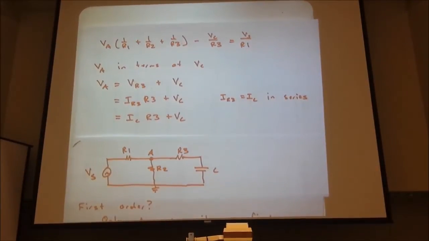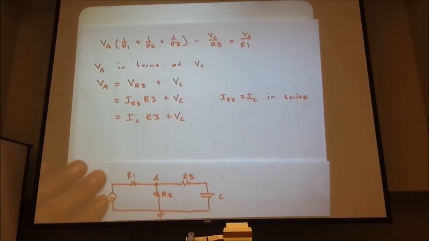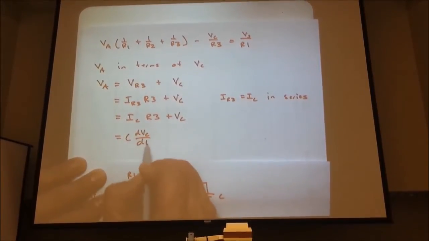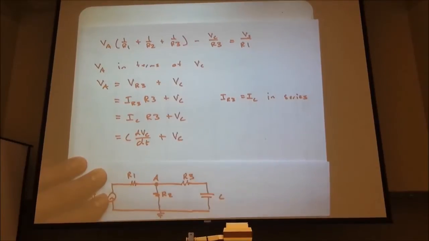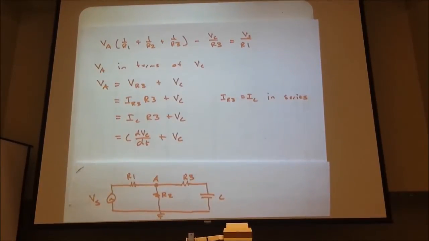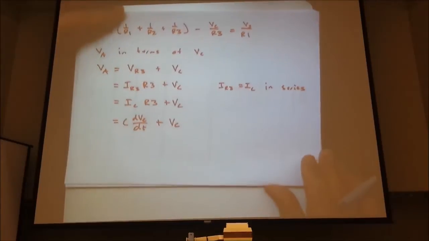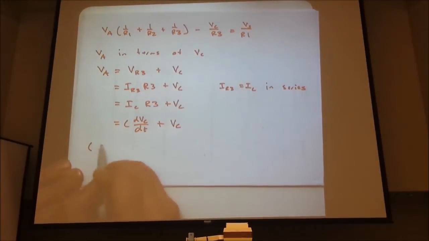And we know what IC is in terms of capacitors. So lo and behold, R3C dVC by dt plus VC. Yay! So we can substitute that in up above. We can go and celebrate. So this winds up being 1 over R1 plus 1 over R2.